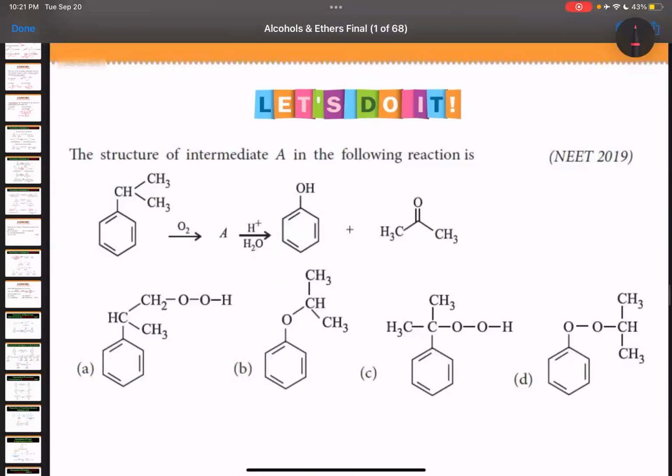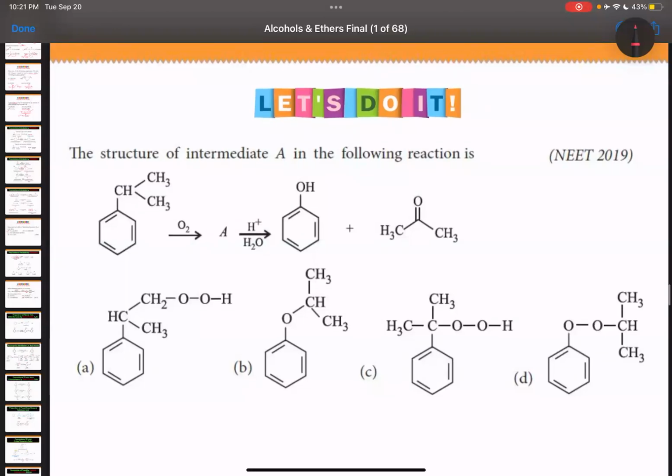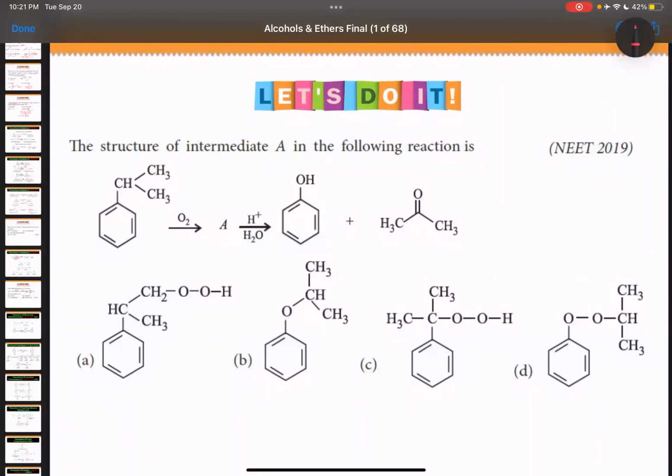So let's do this. The benzene ring with the whole cumene structure, but instead of the hydrogen, we have a hydroperoxide group, sir.